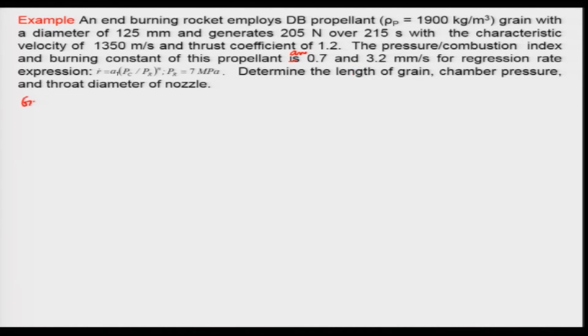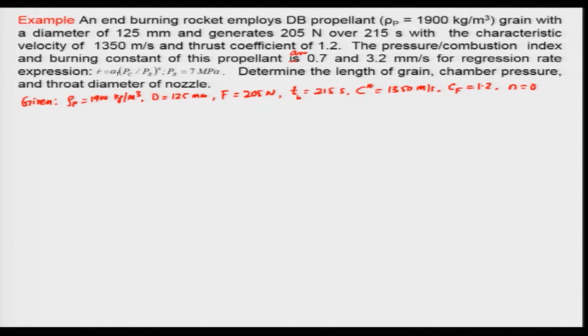So if you look at what is given: rho_p is 1900 kg per meter cube, diameter is 125 mm, thrust is 205 Newton, and the time of burning, t_B, is 215 seconds. Characteristic velocity is 1350 meter per second, thrust coefficient is 1.2, n is 0.7 and a1 is 3.2 millimeter per second.